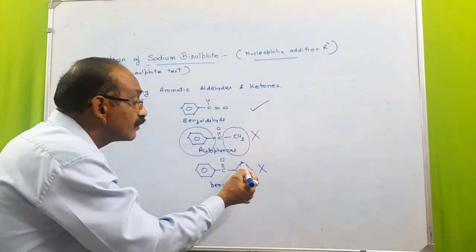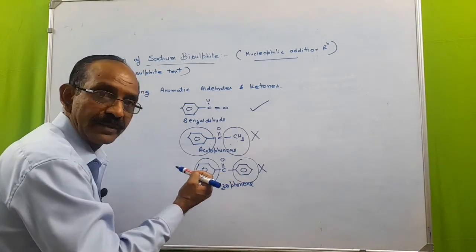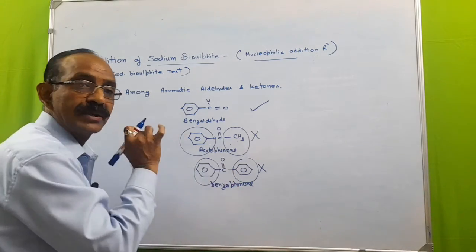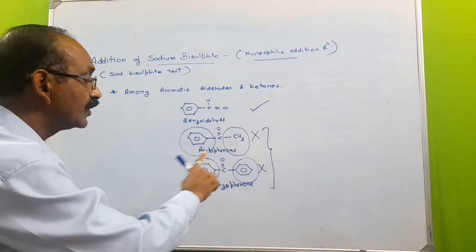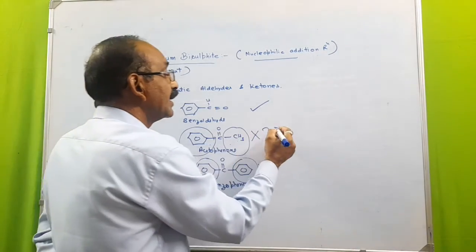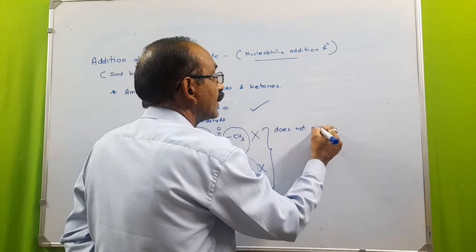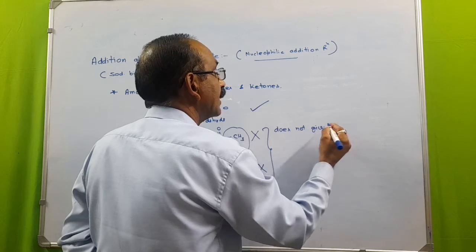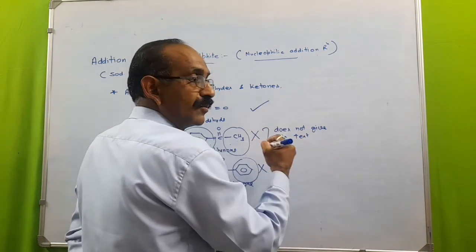Again, because there are two bulky groups linked over the carbonyl carbon, they will hinder the attack of the nucleophile over the carbonyl carbon. So remember that acetophenone and benzophenone do not give this test.